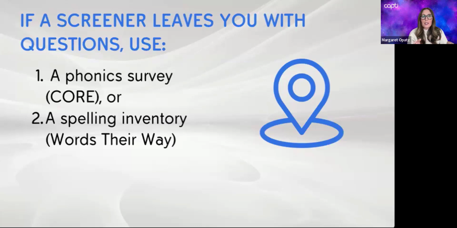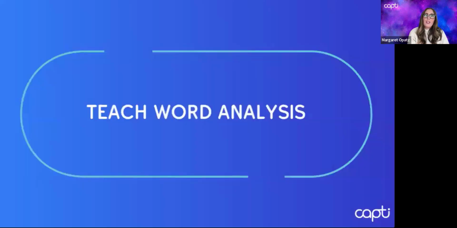They can likely decode a lot of those Anglo-Saxon words like cat, dog. They've got that kind of framework down. Where they really start to struggle is in these bigger multisyllabic words that really pack a lot of meaning into one word. So the best recommendation is to really teach word analysis.